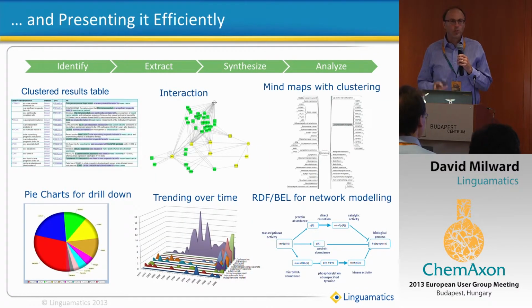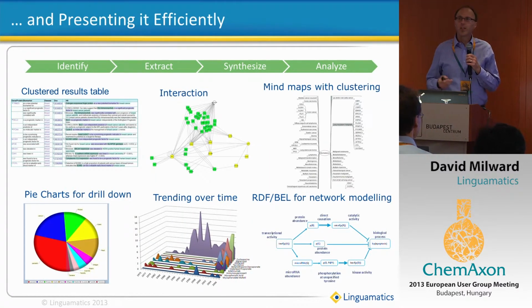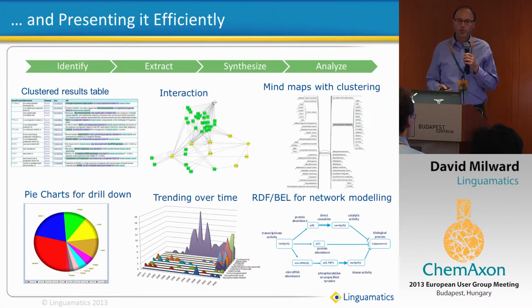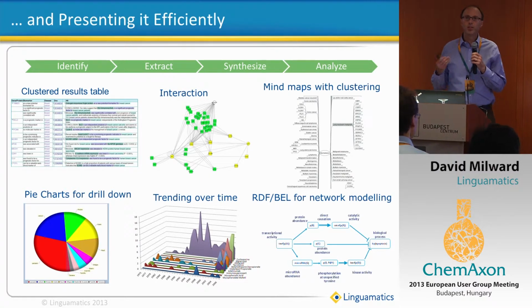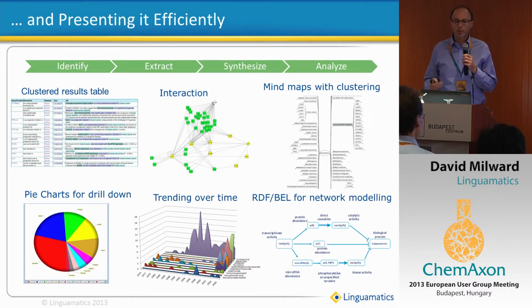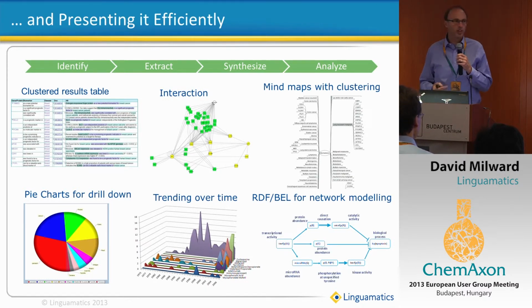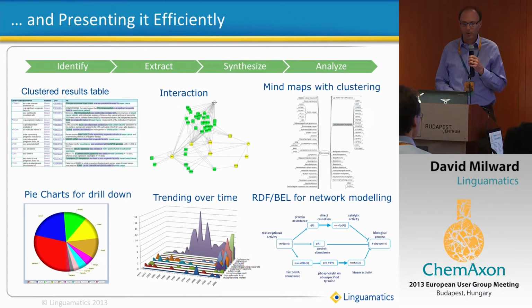So you've got these technologies to get a good filter, to get you to the documents and the piece of information within those documents that you want. But also, once you've pulled out that information, you've got it in a structured form, and that allows you to do more with it. You can cluster it, so you can review much more information much faster than if you were doing a search for documents.